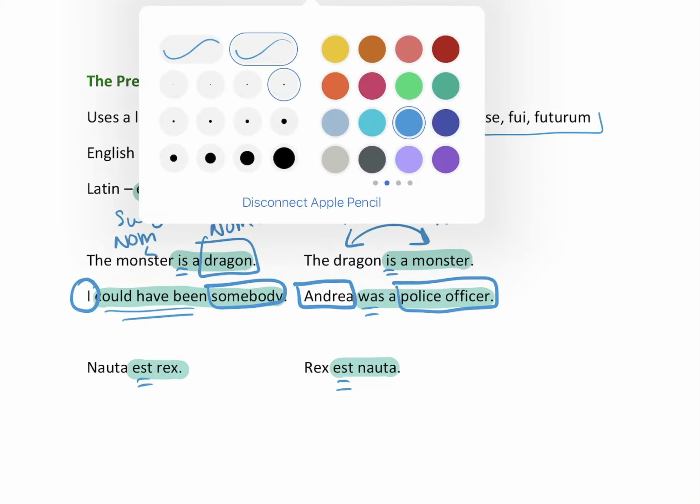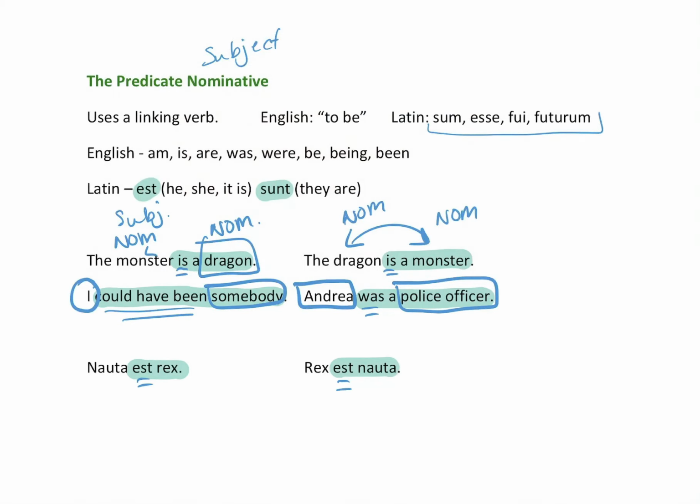So let me do this with another color here. Nauta est rex. So nauta, you know already, means sailor, and it is the nominative. Here we have a linking verb right here, est. That's a linking verb. Remember up here it says he, she, it is, nauta, so we'll call he. And rex means king. You're going to learn that in your glossary.